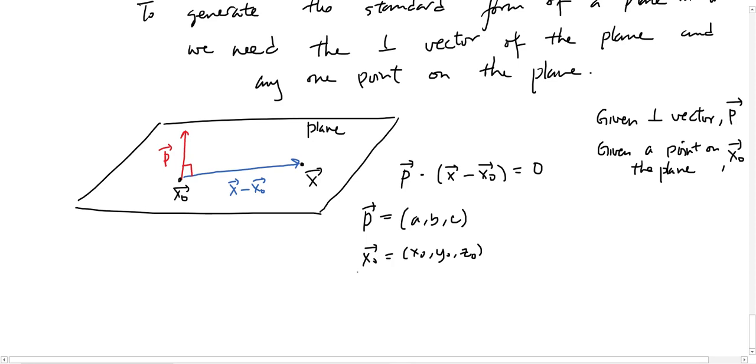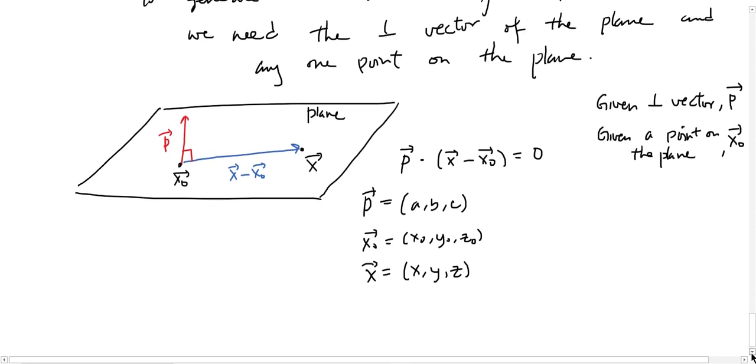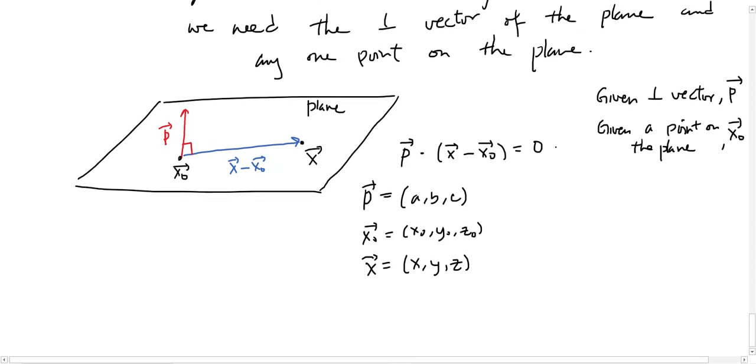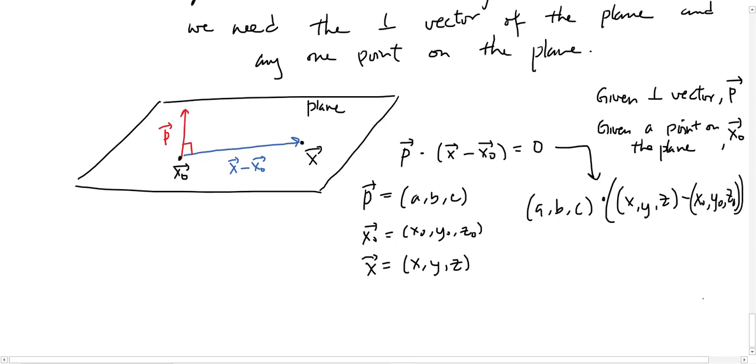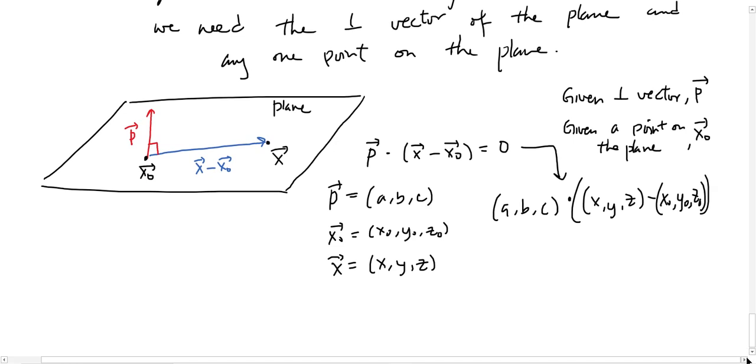And let's say vector x in this case is our variable vector, which would just be x, y, z. Then I can do this dot product just like what we did before: ABC dot product x, y, z minus x sub 0, y sub 0, z sub 0. Oops. Okay, let me see if I can do this. Oh, yep, there you go.